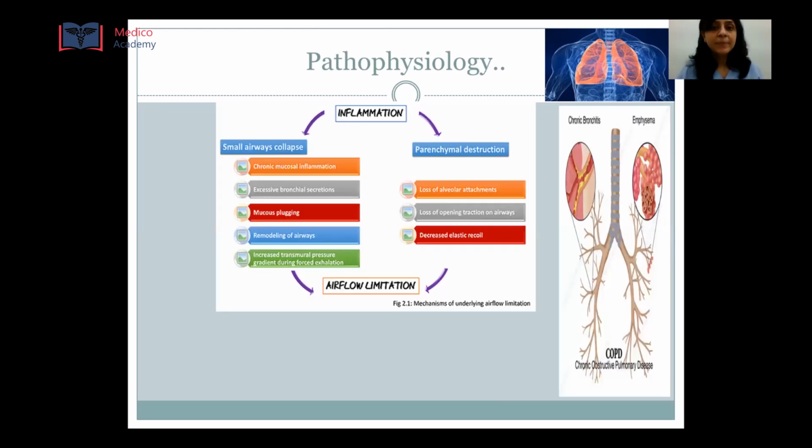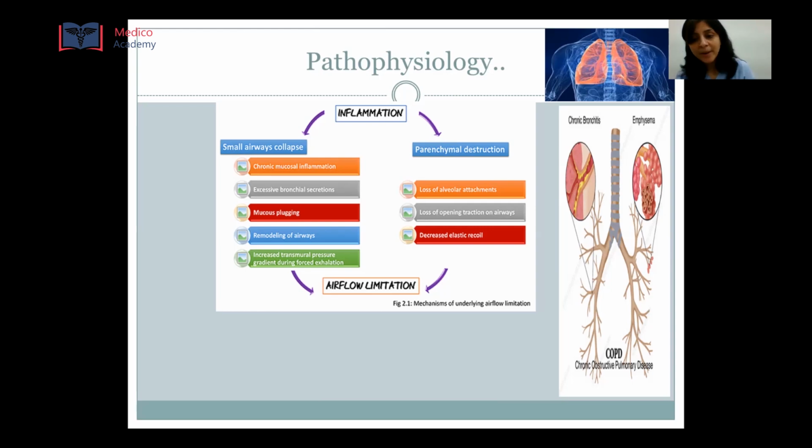So this is the pathophysiology of COPD summarized, where we've had inflammation. Now this inflammation, the causes we've already said why we've had inflammation. What has this inflammation led to? This inflammation has either led to a small airway collapse, where there is chronic mucosal inflammation, excessive bronchial secretions that led to mucosal plugging and hence remodeling of airways, ultimately leading to increased transmural pressure gradient during forced exhalation.